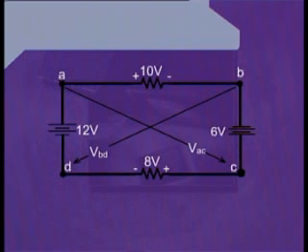We join the points A and C. Also, we join the points B and D. However, we mark the respective imaginary voltages between these two points so that we can calculate these values. And we consider that these voltage sources have the values which have been asked in the question.